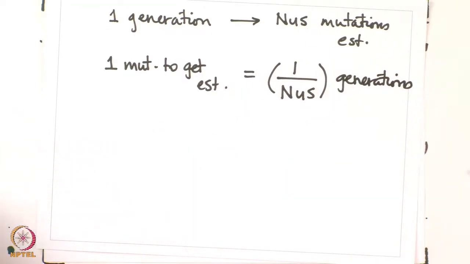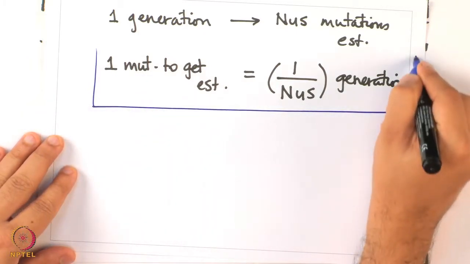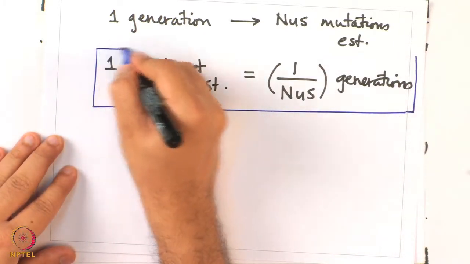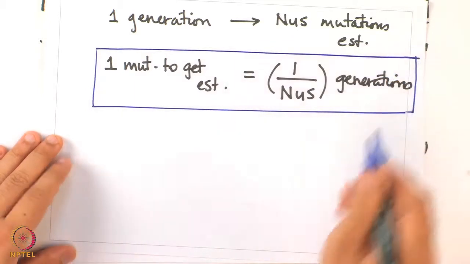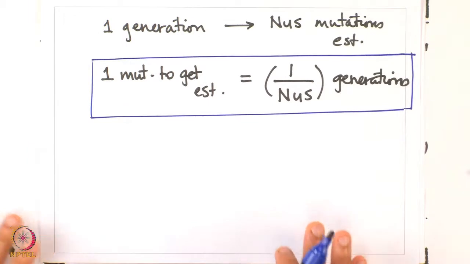So, that's the time I have to wait for the first mutation to get established. An important point to keep in mind at this point is that these are average times. This is the time you have to wait for the first mutation to get established on average. If you were to do this evolutionary experiment, sometimes the first mutation might get established.